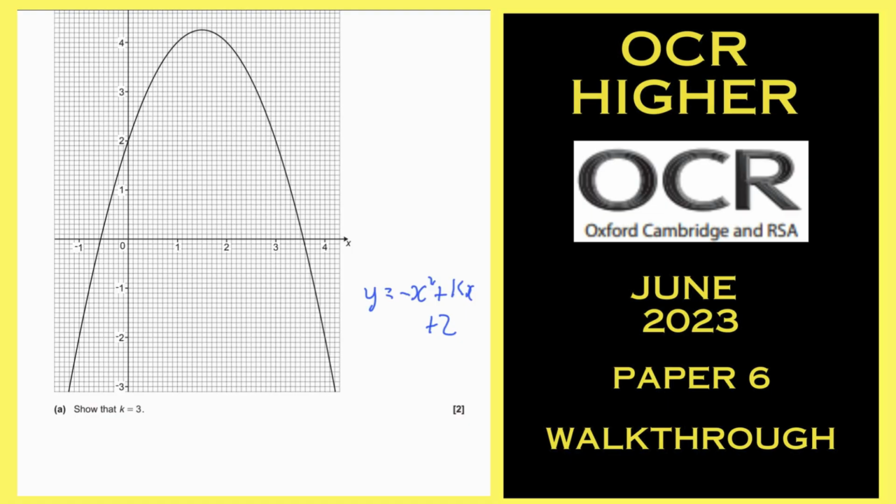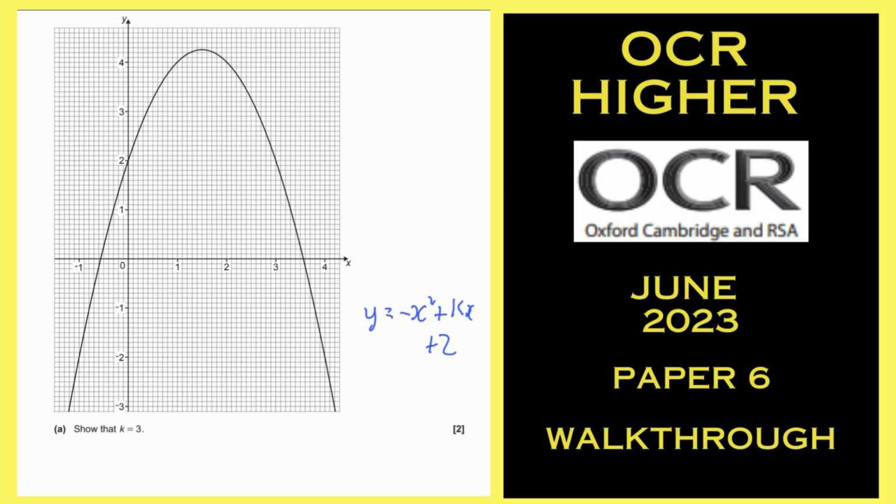Show that k equals 3 means you need to pick a coordinate from the graph. There's actually quite a few coordinates you could pick. For example, a good coordinate to pick is 1, 4. It does go through the coordinate 1, 4. X equals 1 when y equals 4.